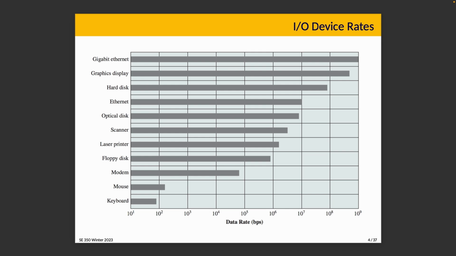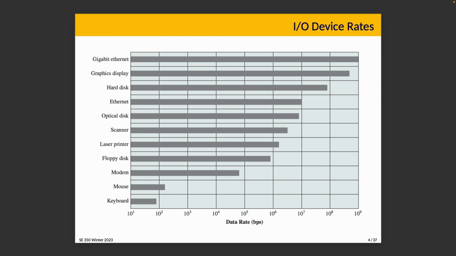Well, let's take a look at just some of the dramatic differences in speed between the various devices of a typical computer. So gigabit Ethernet shows here it's 10 to the power of 9 bits per second. Graphics display, I'm sure, has surpassed this by now. This diagram is already about 5 years out of date, so it's going to be even better now than it was then, and that's fine.